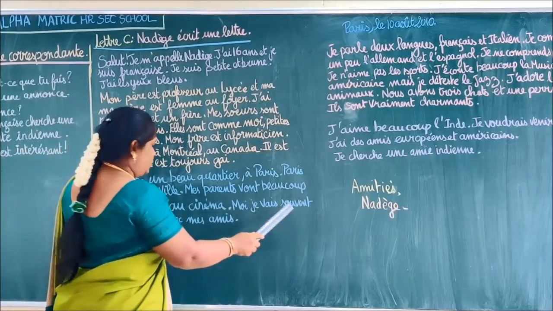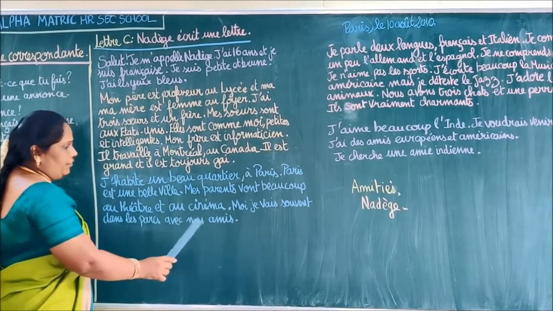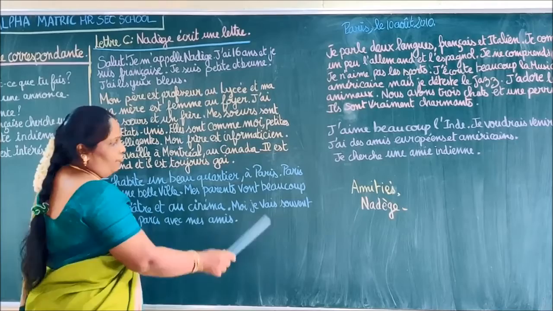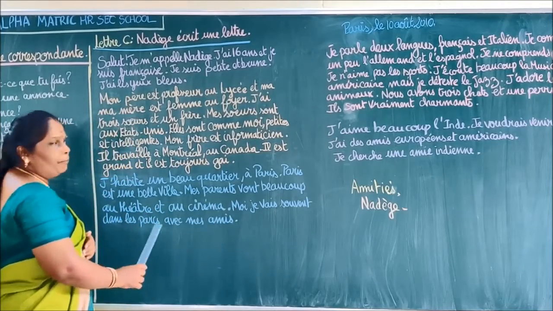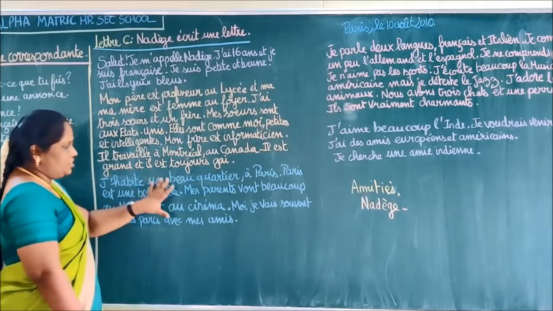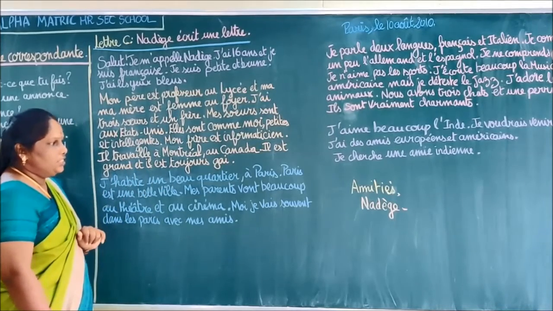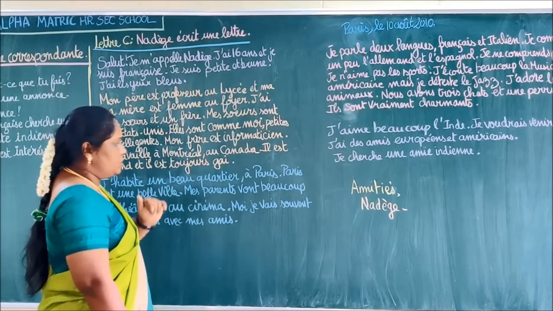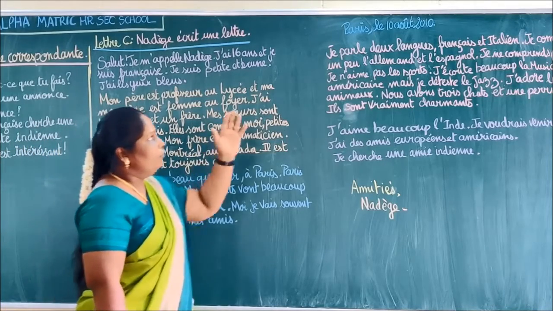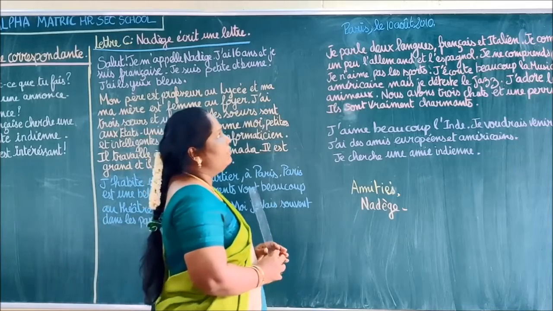Moi, je vais souvent dans les parcs avec mes amis. For me, I often go to the parks with my friends. So this is a description of the city where she lives, what she does with her parents and what she does herself. So now we are going to go to the next paragraph.